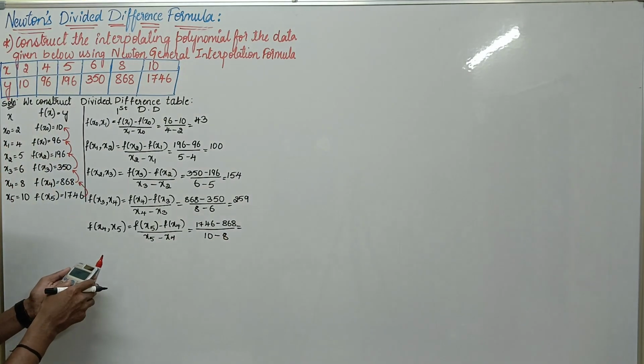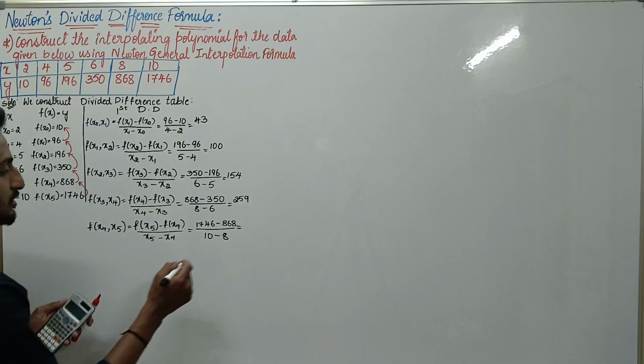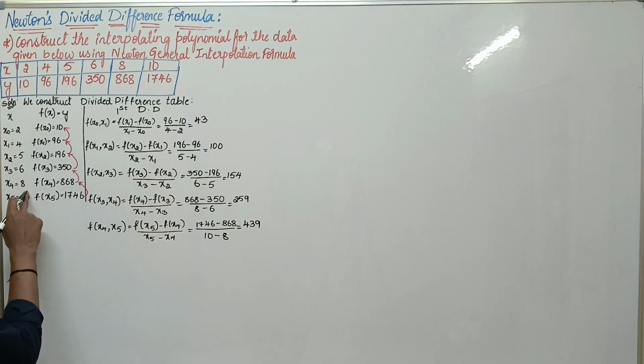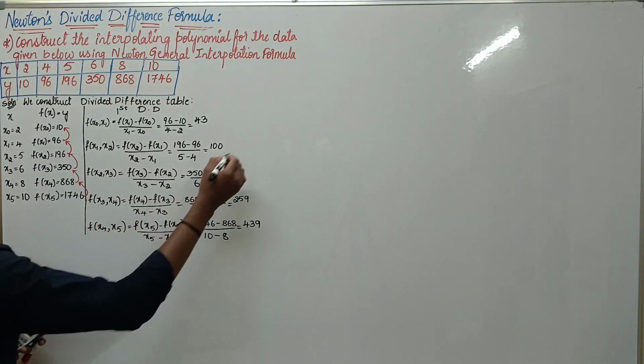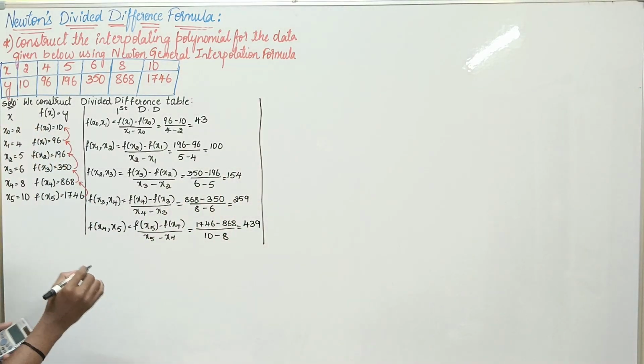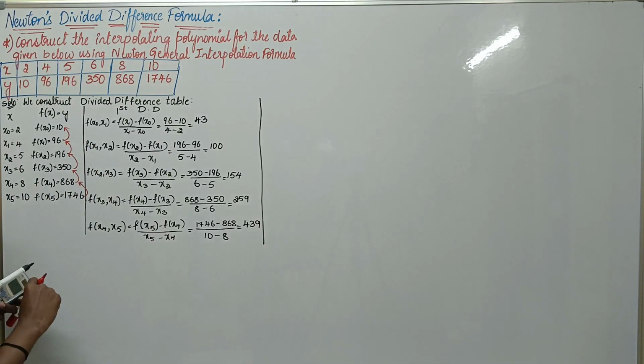Sorry, 10 minus 8. We get 439. Why? Because x4 is 8. This is our first divided difference. This is our first divided difference. Done? Yes.